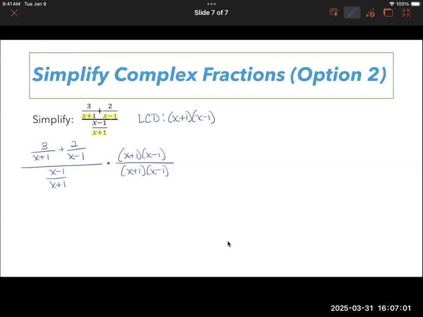Okay, now keep in mind with the numerator in this case, because this was two terms being added together, when I multiply, this whole thing gets distributed to both of these terms. So when I take the x plus 1, x minus 1 times the 3 over x plus 1, the x plus 1s cancel out, and I'm left with the 3 times the x minus 1.